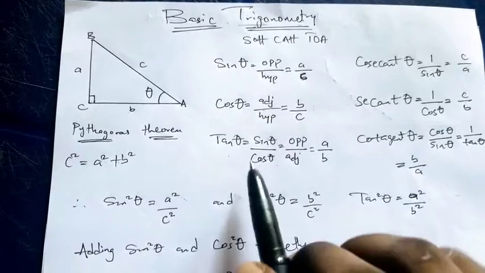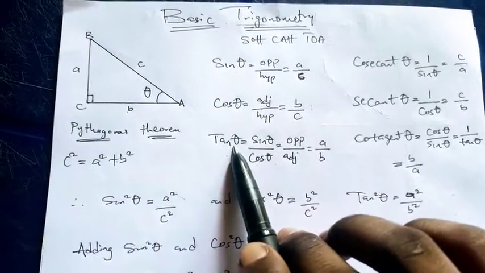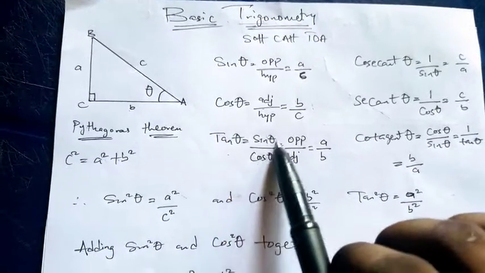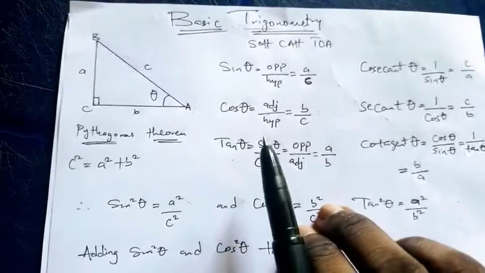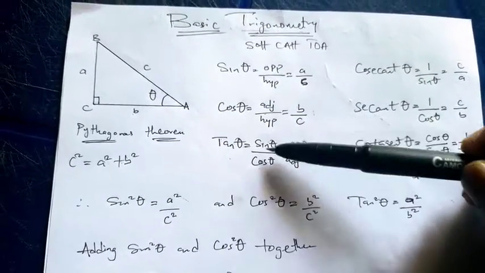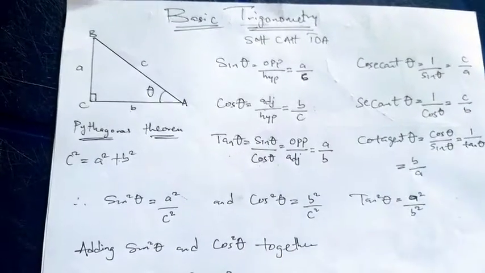And this leads us to our first trigonometric identity, which we are going to have in mind. The tan theta is equal to the sine theta over the cosine theta, and this can be proven by dividing the sine theta by the cos theta, and you will get your tan theta, a over b.